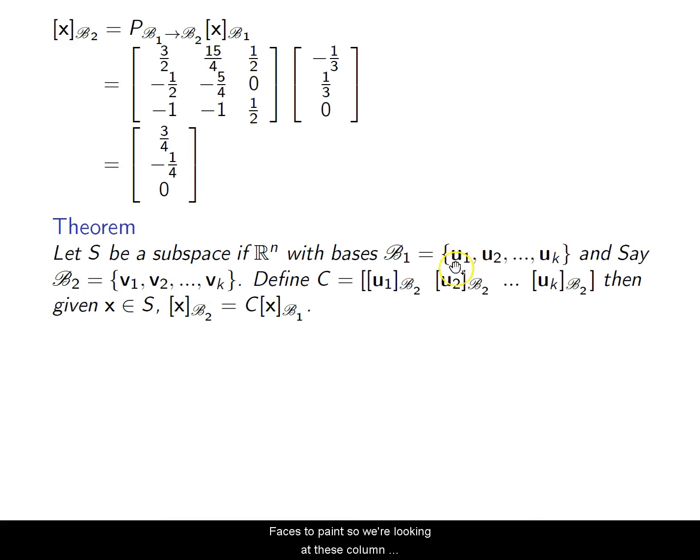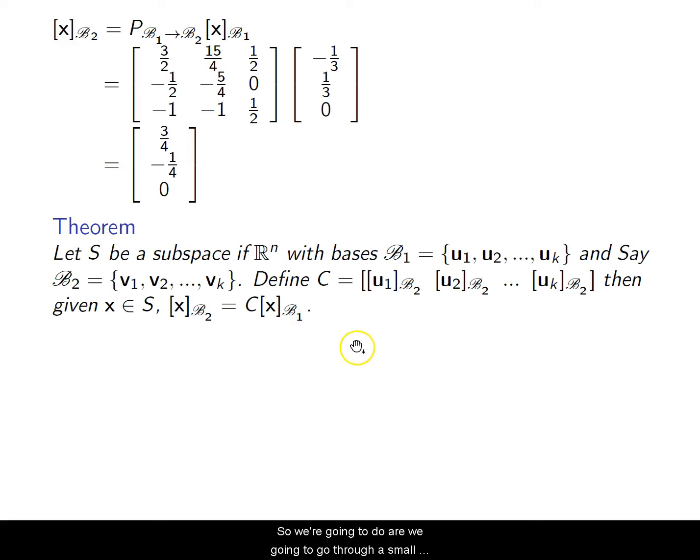We're looking at these column vectors as they look under this basis representation. We have K of those, and let's say we take some random X that's inside of this subspace. Then that representation under B2 is this matrix times the representation of X in B1.